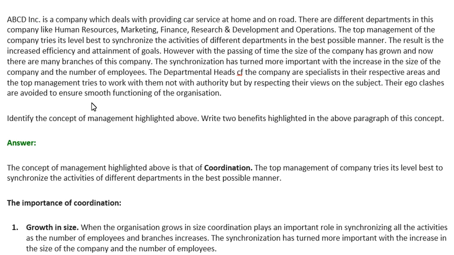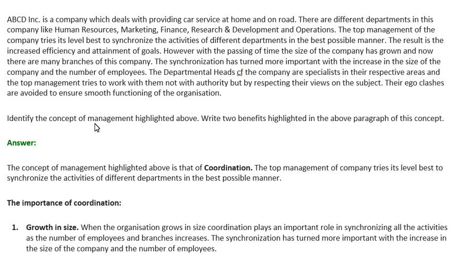Their ego clashes are avoided to ensure smooth functioning of the organization. What we are supposed to do in this question is identify the concept of management highlighted above, and we have to write 2 benefits of the highlighted concept.